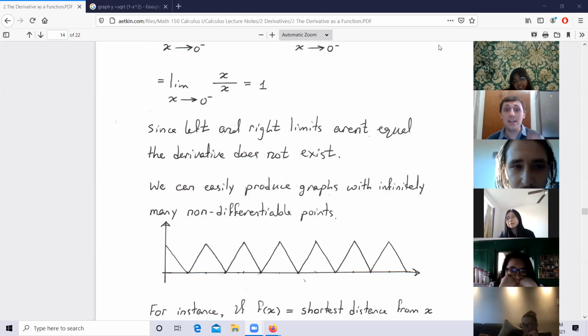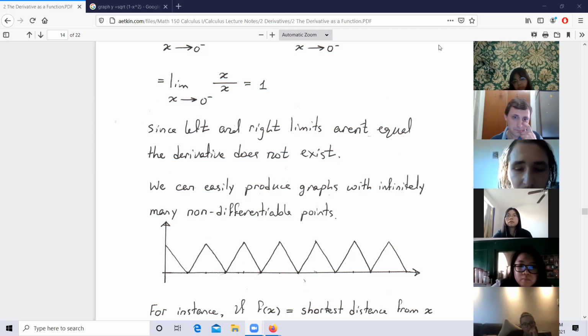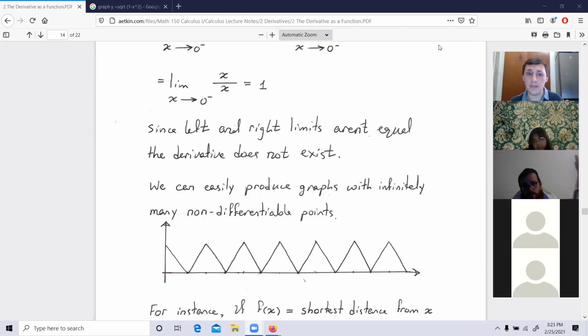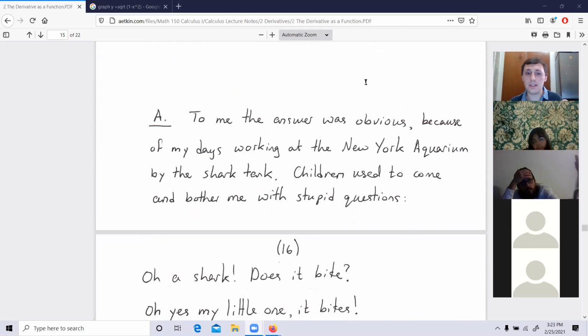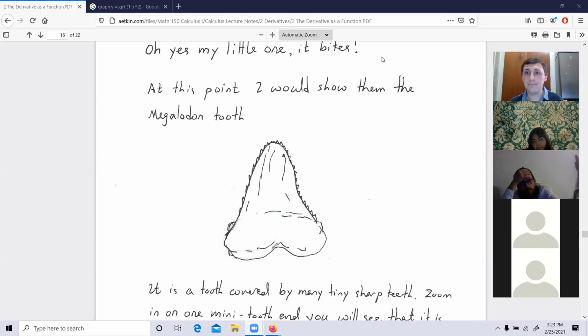And of course, then I worked with sharks. Have you ever seen the tooth of a shark? It's not the point that it's just very sharp. If you actually look at the tooth of a shark, guys, it's serrated.